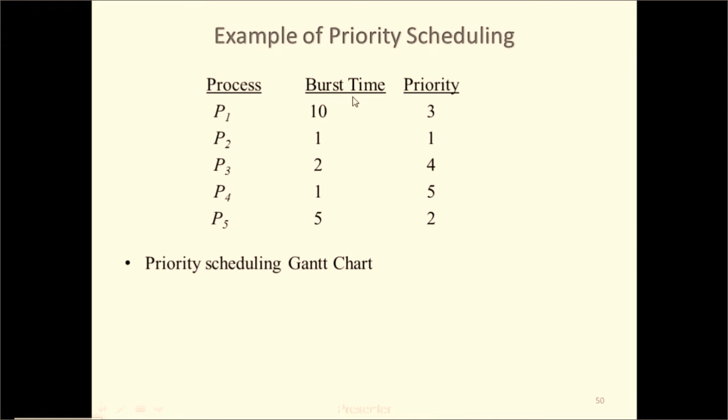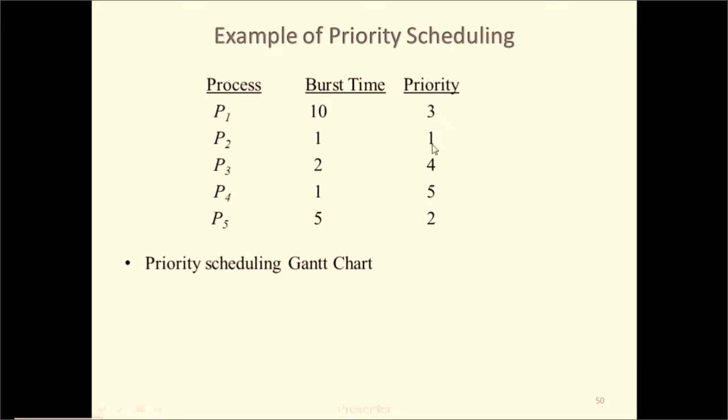CPU times are given, priorities are given. Right now this is fixed priority. And if you look at the priorities, remember that this is the number associated with the priority. Lowest the number, higher the priority. Lowest the number, highest the priority.